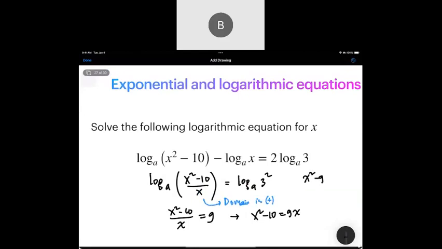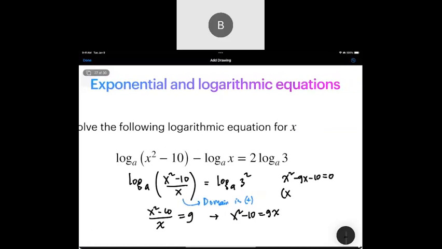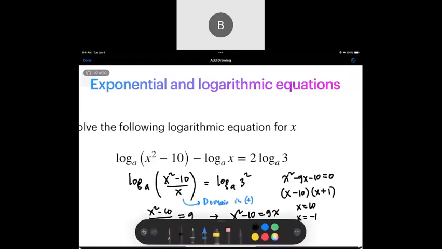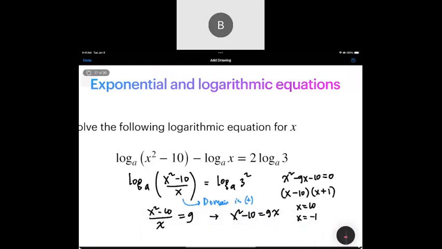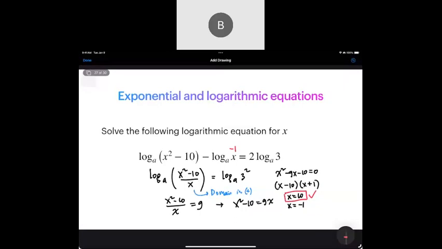So x squared minus 9x minus 10 equals 0. So x is 10 and x is -1, and of course we try to check. If we put -1 here, it becomes impossible, right? So the only answer that can satisfy the equation is x equal 10.